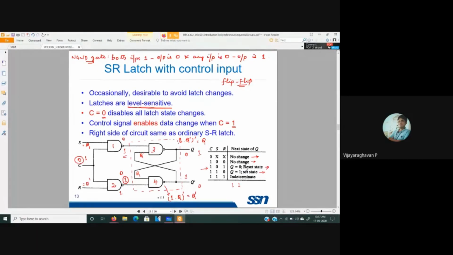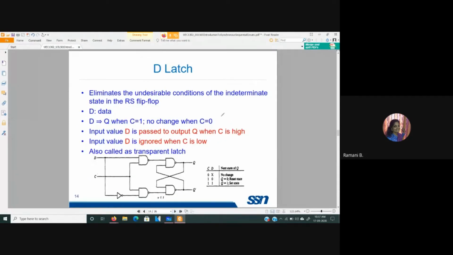Yes, ma'am. Okay. So to overcome this condition, that is, we are not supposed to have both S and R values to be 1, we go for the D latch. What they do for that is, you are not given S and R separately. You will have one of the inputs be the complement of the other input.